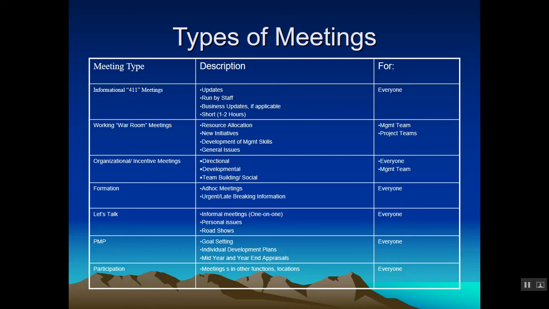Moving up to the top there, the 411 meetings. I would run a monthly conference call, and I would have it run not by me and not by one of my direct reports, but really a third level, call it supervisory level.